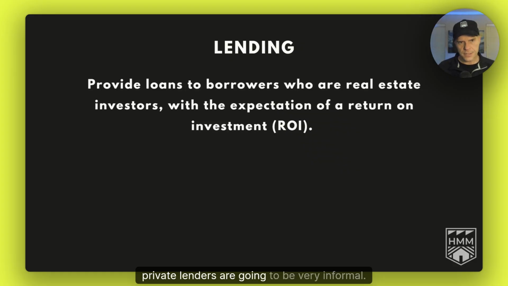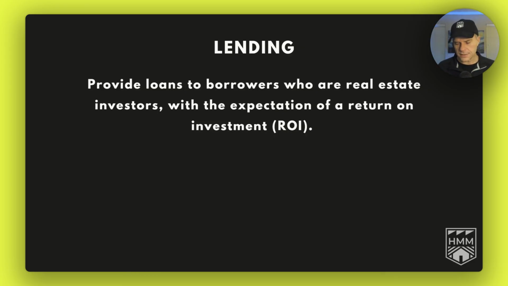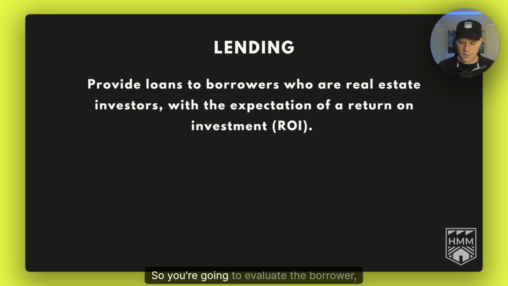Private lenders are going to be very informal. You're going to be able to negotiate the terms, decide for yourself if you want to engage in the lending of your money for the borrower. So you're going to evaluate the borrower, the property itself, and the like, and see if it's worth your risk to do it. The risk is mitigated by having the property as collateral.